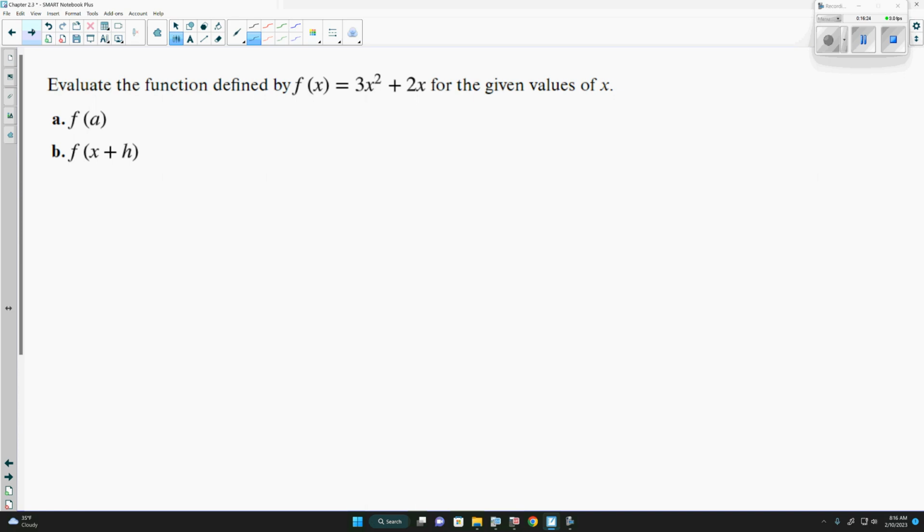Literal equations. Here, we're not going to have a specific value. For the first one, f of a, we're replacing x with a. So we'd have 3 times a squared plus 2a. Technically, we can put it in parentheses because we're replacing x with a.